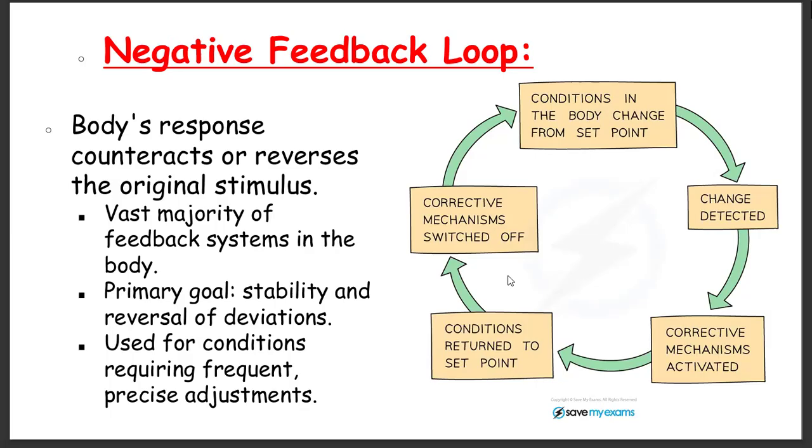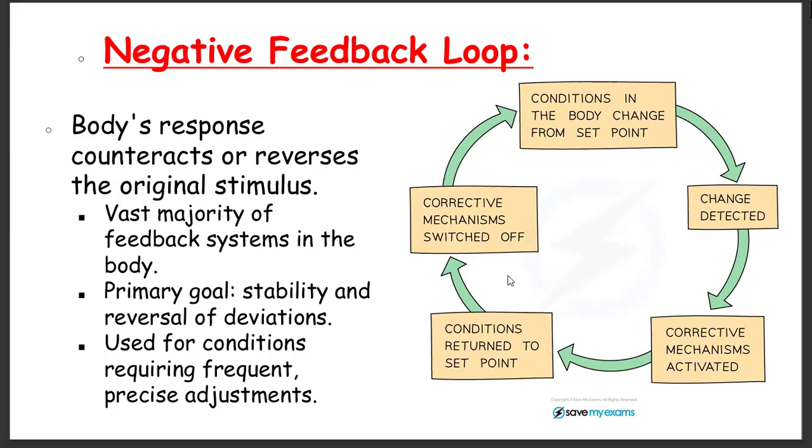So when a particular deviation or change has been detected, the corrective mechanism is going to be activated to return that condition to its normal range. It's going to reverse. If it was high, it is going to reduce it. If it was low, it is going to increase it.